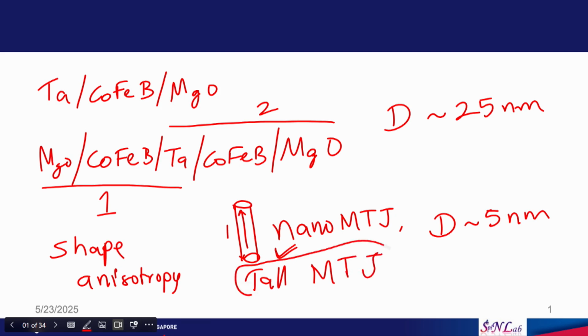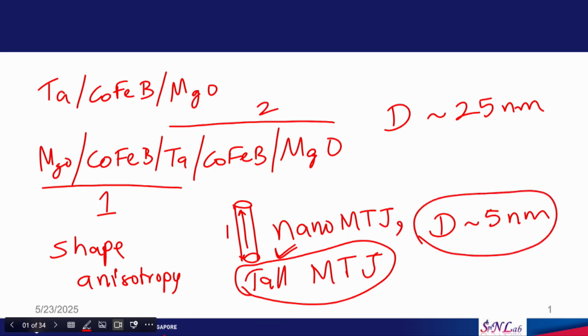If you want to make tall MTJs in industrial applications, maybe there will be many challenges. How do we etch them? There are some challenges like that, but theoretically it is possible to make 5 nanometer MRAM using this nano MTJ concept.